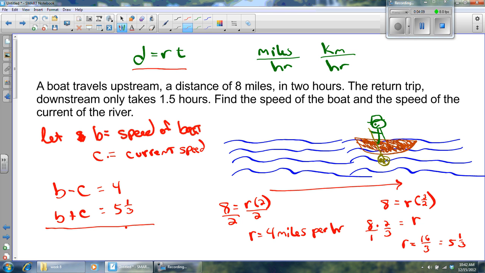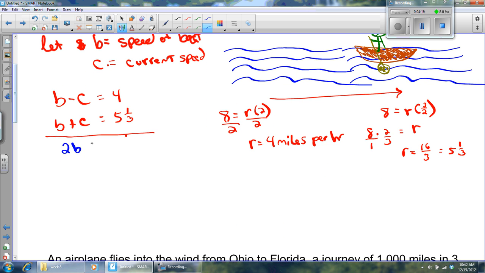If I look at the system, it says, hey, use elimination. And so I will. I like to listen to the systems that talk to me while I do my homework. All right, so that's going to equal 9 1/3. I might want to go ahead and convert that to 28/3. So I'm going to divide by 2.